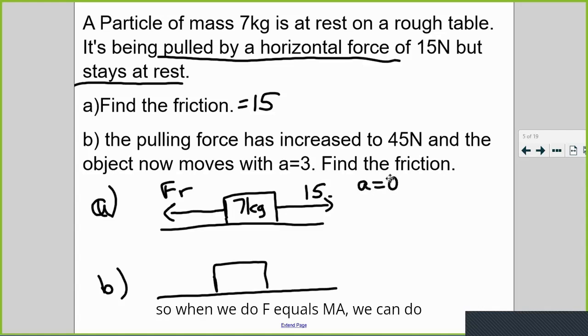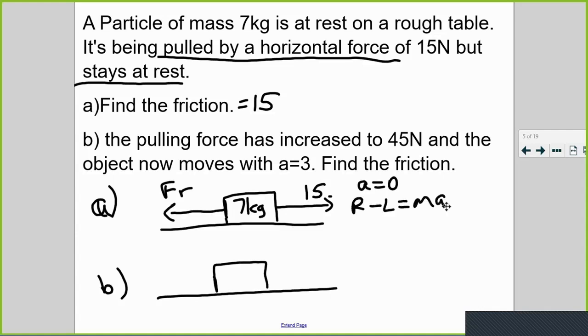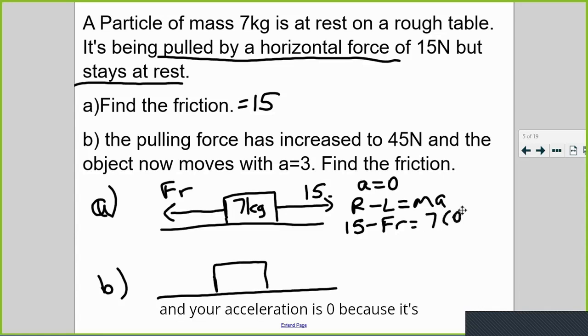So when we do F equals ma, we can do right minus left or left minus right, it doesn't matter. Going right is 15. Going left is friction. Equals ma, m is 7, and your acceleration is 0 because it's at rest. If you solve this, it gives you friction equals 15, so what we got at the start.